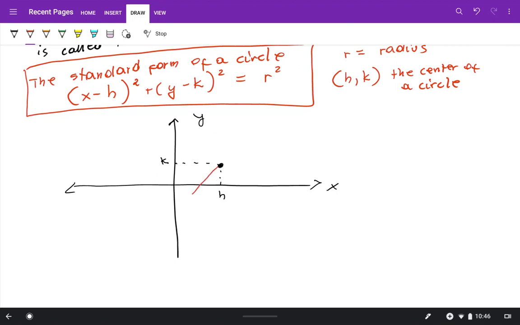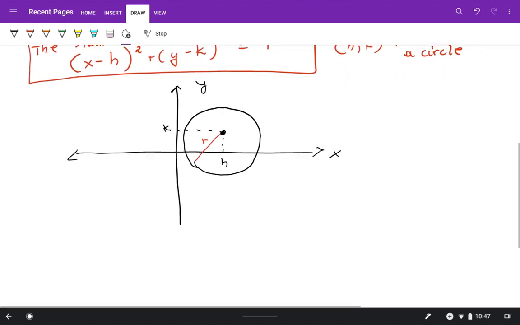And we'll just draw the circle. Of course, any point from the center to any point right here on the circle has equal radius. Of course I draw that by hand, so that circle is not perfect.